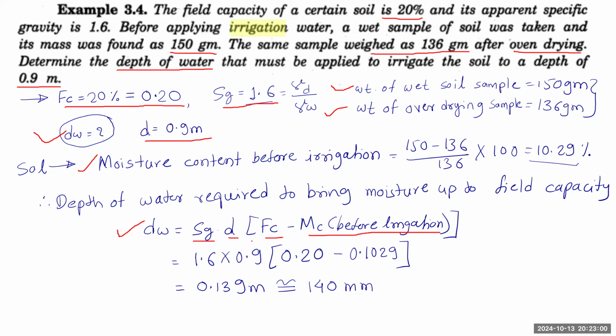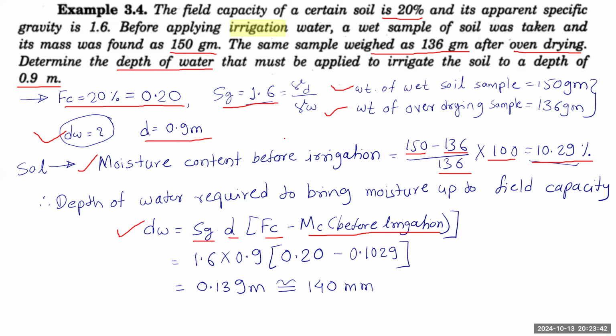For that we have two weights, the weight of the wet soil sample and the oven dried sample. The formula is the weight of wet soil sample minus weight of oven dried sample, divided by weight of oven dried sample, into 100. If we put these values, 150 minus 136 upon 136 into 100, we get the moisture content before irrigation, which is 10.29%. Now we have to bring this moisture content to 20%. Initially it is 10.29%.